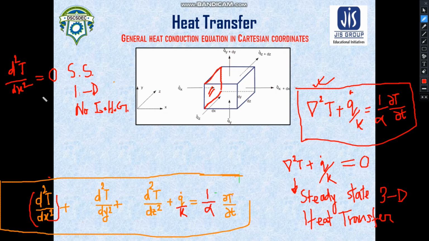You have to take into account the thermal energy generation within the control volume, and finally you need to calculate the thermal energy change with the help of the formula of heat capacity, that is rho Cp into the volume of the control volume element which we have considered, and we have to find the temperature change with respect to time, that is rho Cp into volume into delta T over delta t.